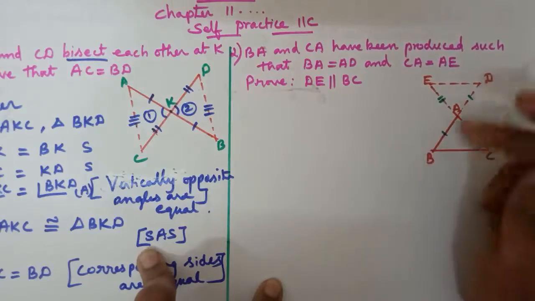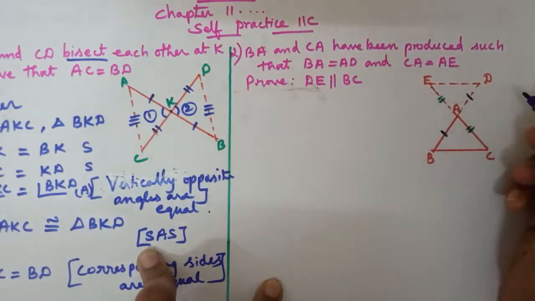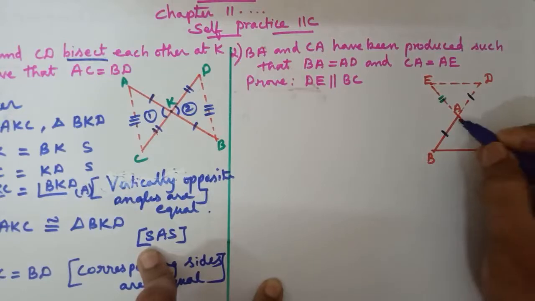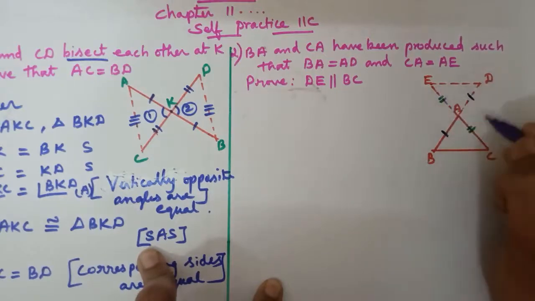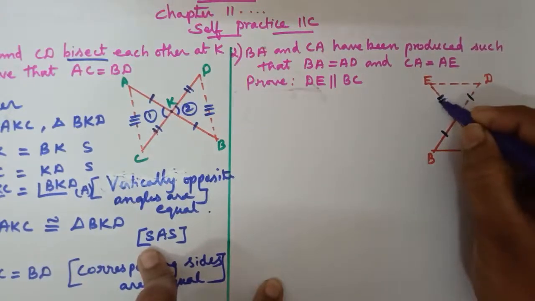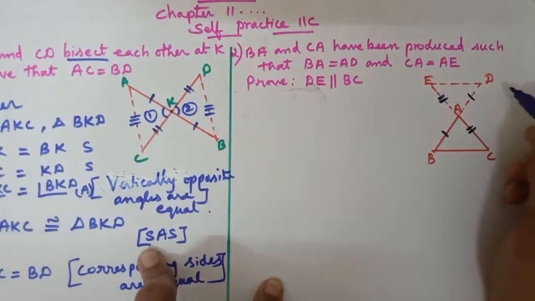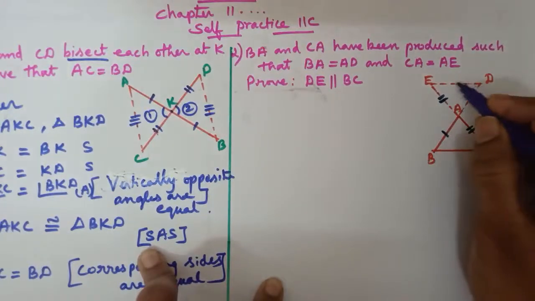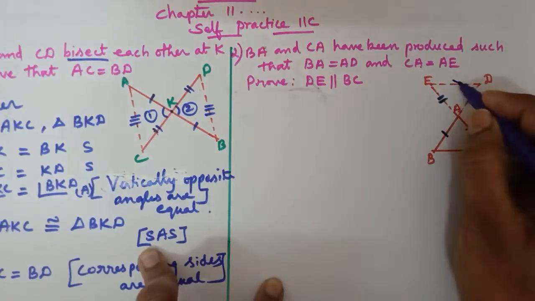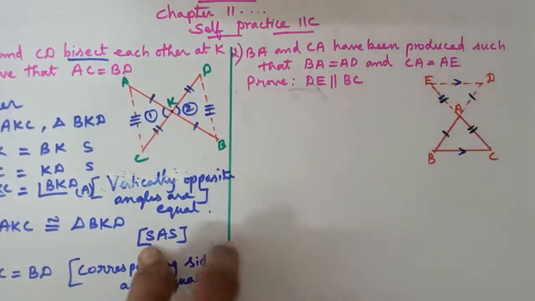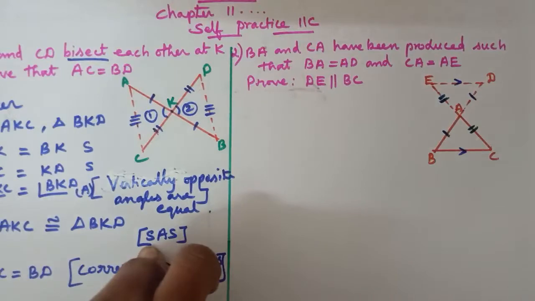BA equal to AD, that means this side is equal to this side, and CA is equal to AE, that means this side is equal to this side. Is it clear? Then we have to prove this side DE and this side BC are parallel. How will we do?